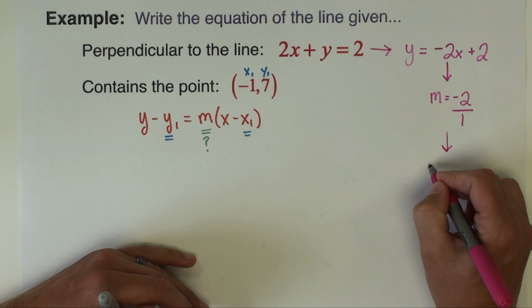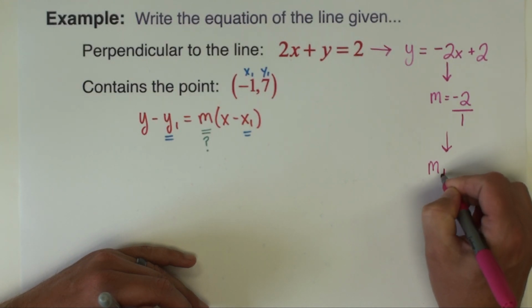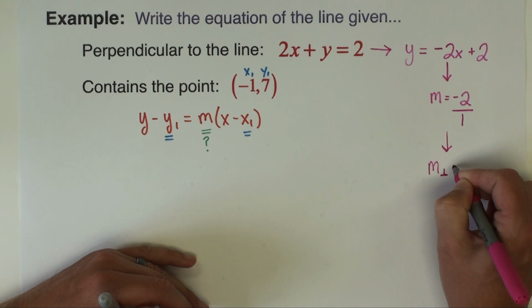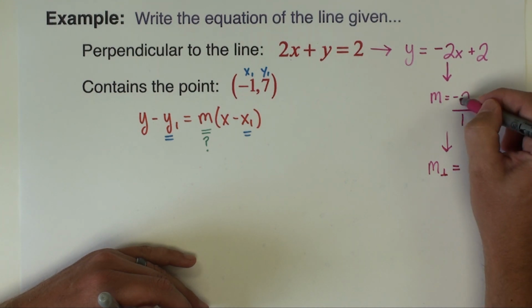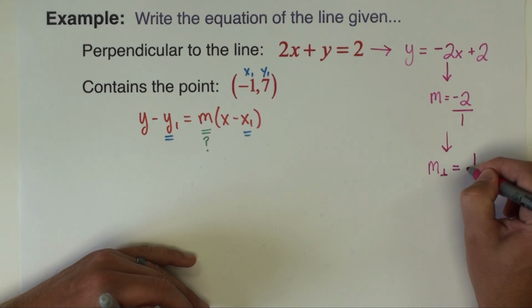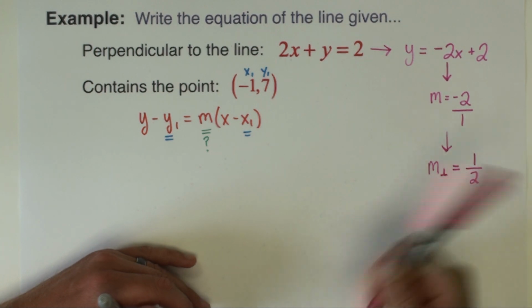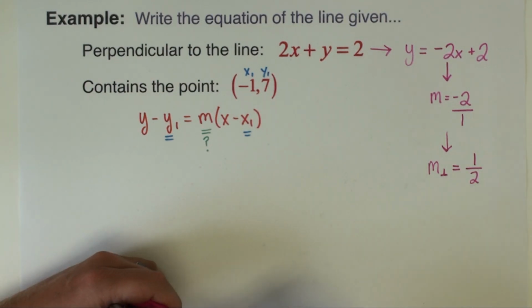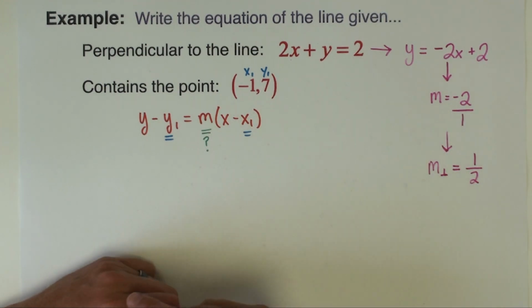Okay, so the perpendicular slope needs to be opposite sign. Whereas this is negative, I want this to be positive, and the 2 over 1 becomes 1 over 2. So that's the slope that I am going to use over here, +1/2.